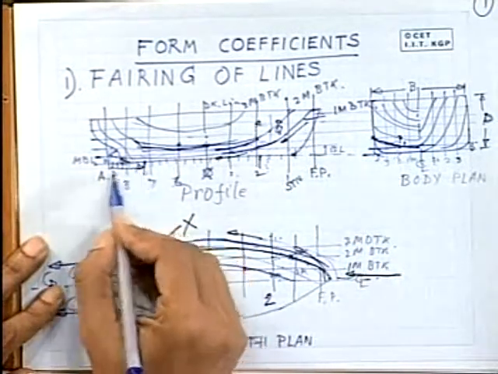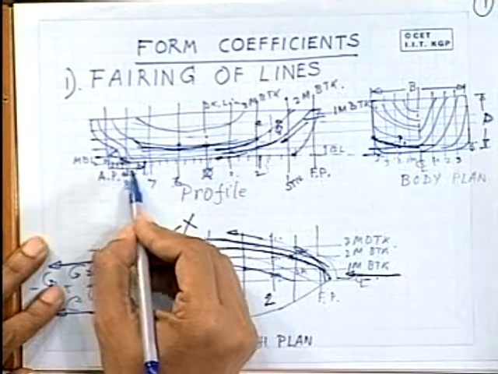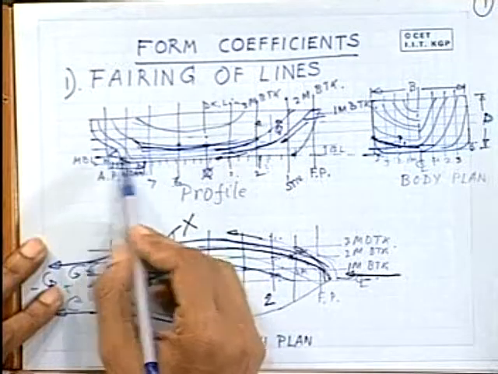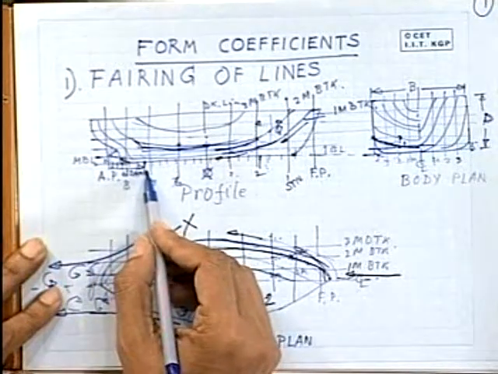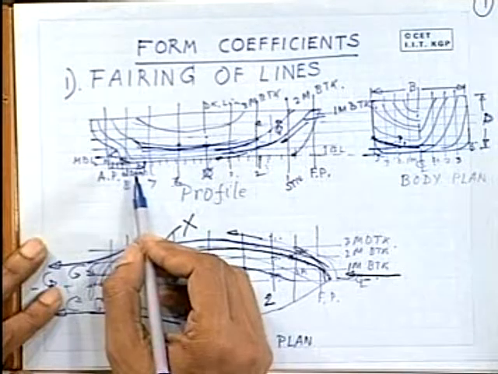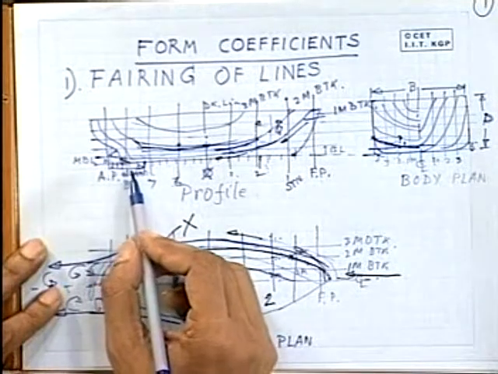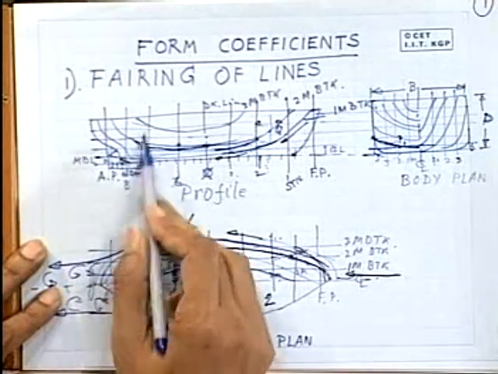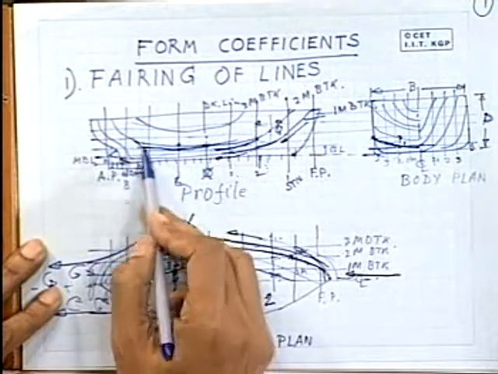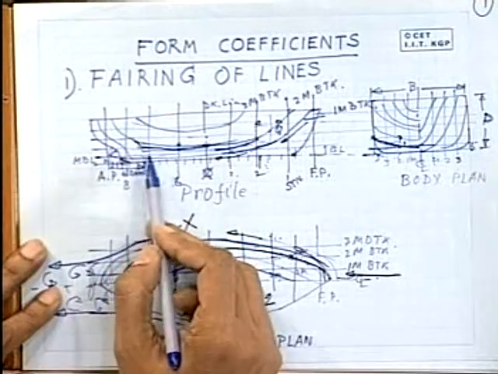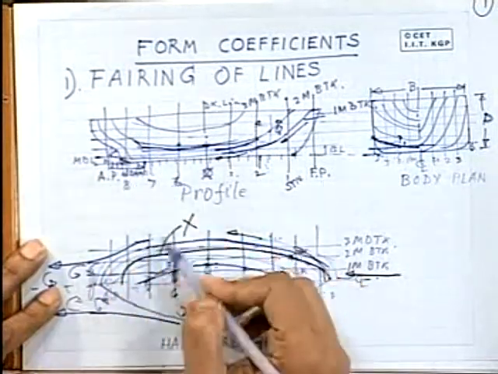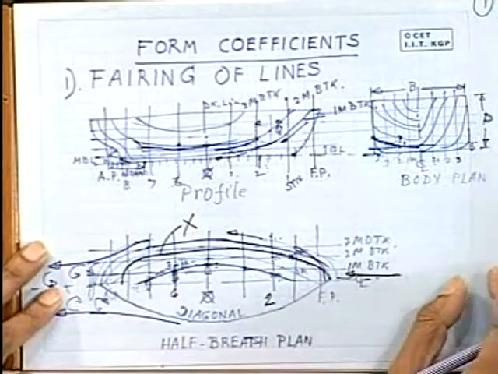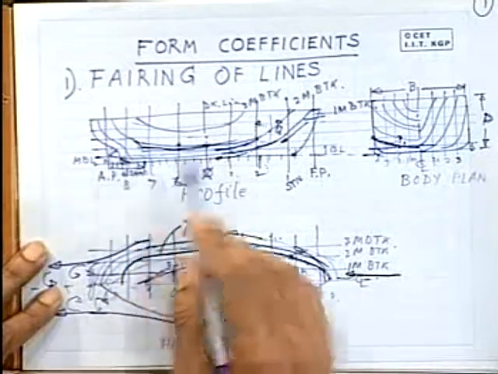You can say this distance on the framing plan is marked 610 millimeters. That means from the 0th frame to, say, frame number 70, the frame spacing is 610 millimeters. At these spacings, if you want to make a frame outline, you just drop a vertical on the profile as well as on the half breadth plan, take the half breadths and create your frame outline.